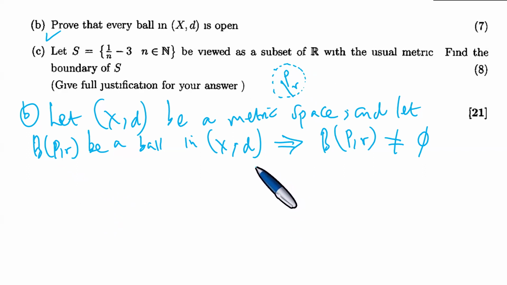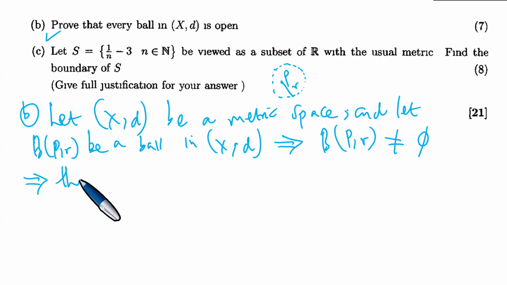So it will always contain at least some points, and it means that this ball is not empty, and so we are dealing with a non-empty set, so we can take some points from it.